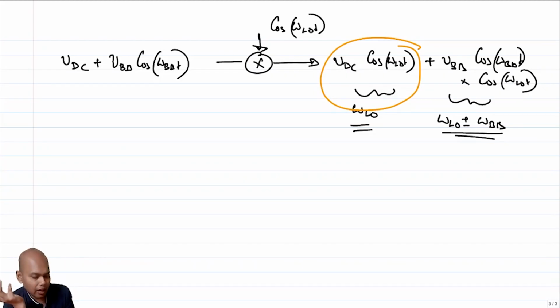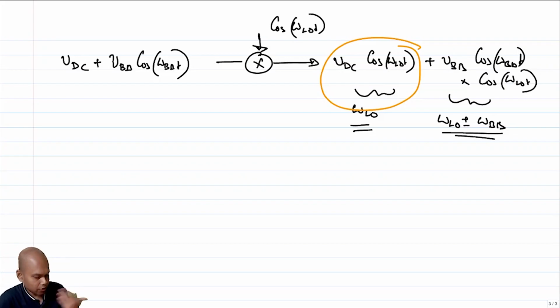I am unnecessarily taking up spectrum while basically transmitting DC. This VDC does not have any information, but I am still taking up spectrum at omega LO. This is again a similar thing: an LO feedthrough.